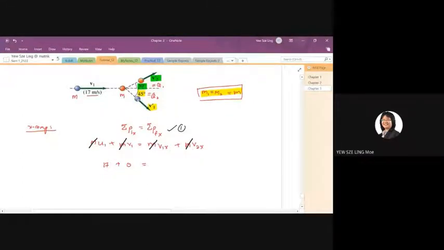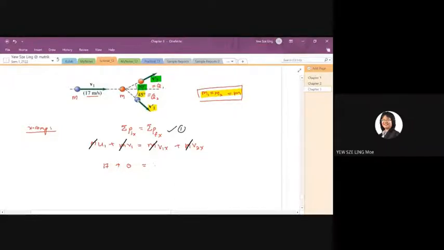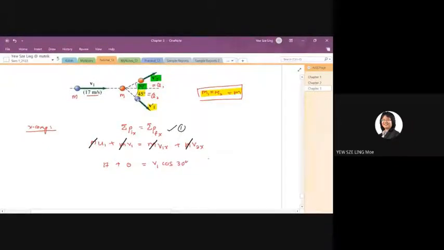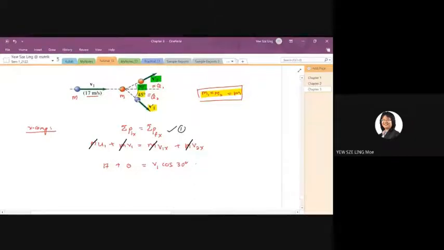to V1x and V2x. How am I going to calculate them? You can leave it, but if you leave it like this, it will be hard for you to solve the question. So I want to expand the value. V1x is V1 cos 30 degrees.